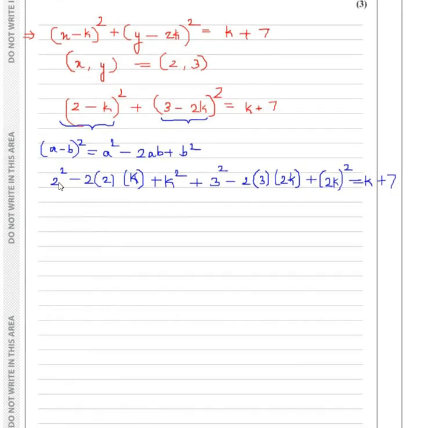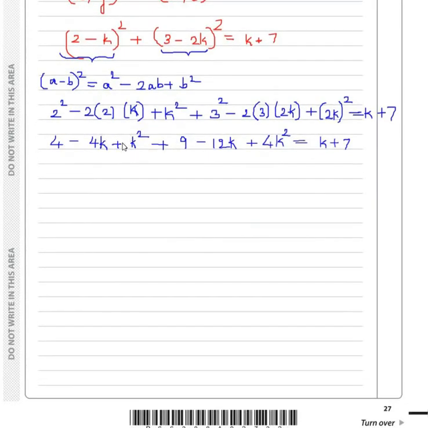So simplifying this, 2 squared is 4, minus 2 times 2 is 4k, plus k squared, plus 3 squared is 9, minus 2 times 3 is 6 and 6 times 2 is 12k, plus (2k) squared. Again remember to distribute this power to 2 and k, so it becomes 2 squared is 4, 4k squared, is equal to k plus 7.